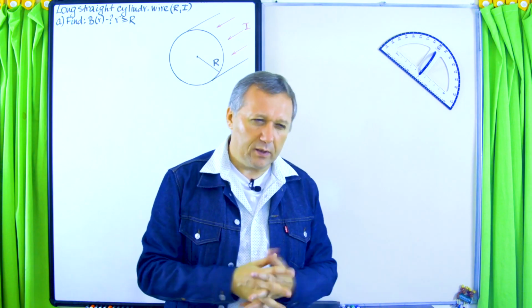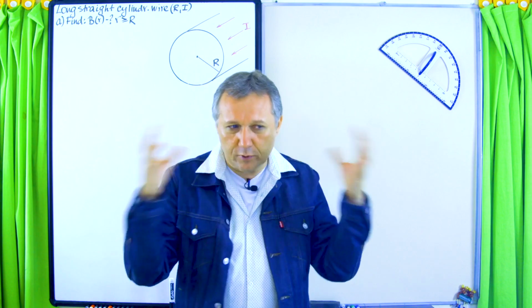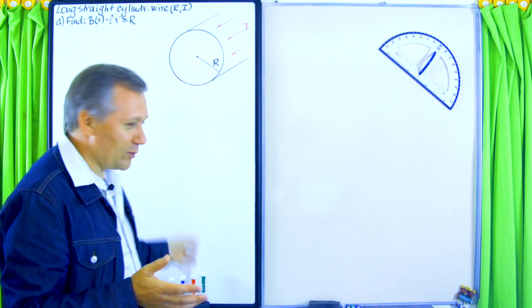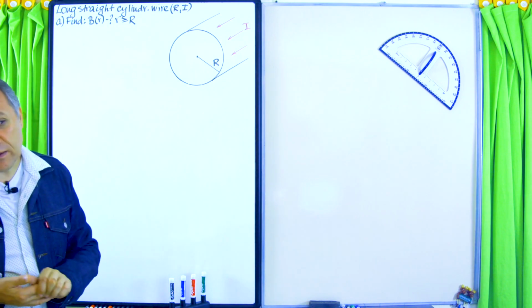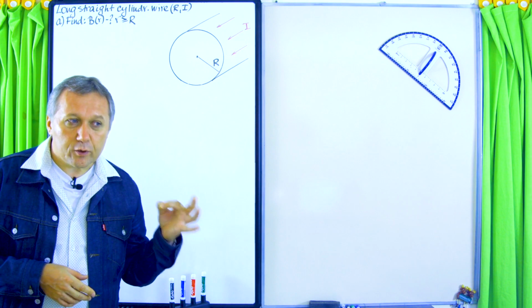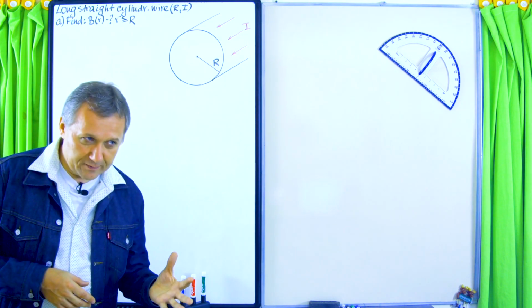It took me like 15-20 minutes of diligent integration, and students were looking at me with round eyes, kind of, what are you, completely mad? So after that, I stopped doing this, because usage of Ampere's law over here is much, much easier.